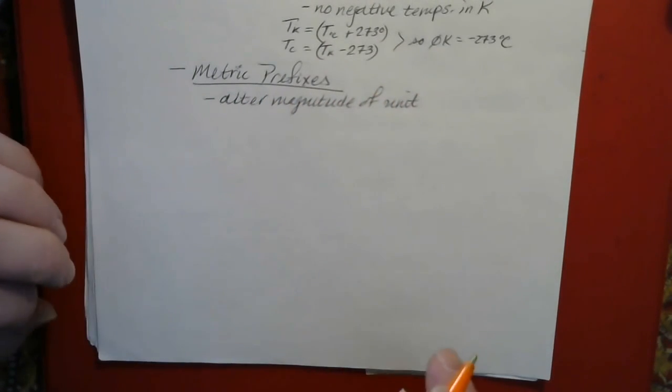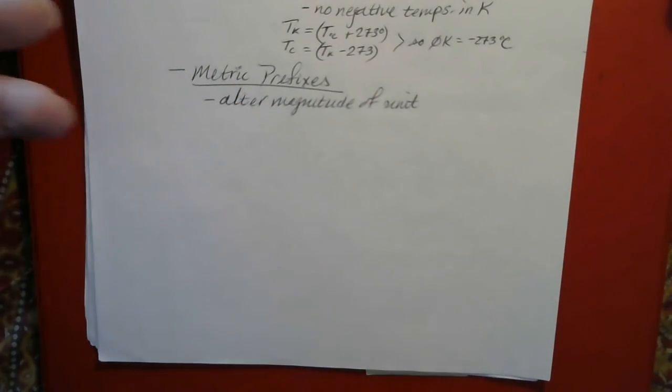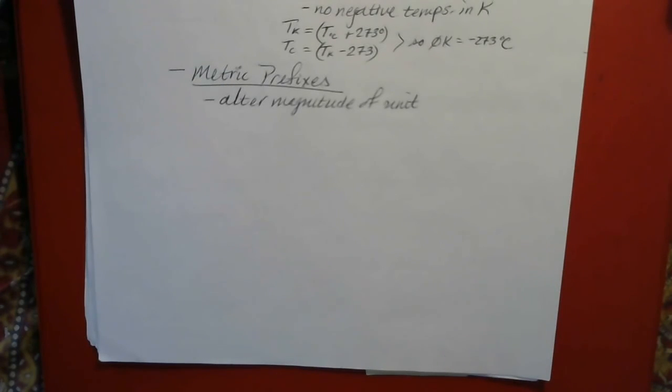And the reason that we would want to do that is generally just to get a convenient number to deal with. If I'm measuring the length of a table, like a dining room table, then I might want to do that in, say, centimeters or maybe meters, but I'm definitely not going to want to do it in millimeters, because in millimeters, you're going to end up with a huge number for a fairly moderate distance.